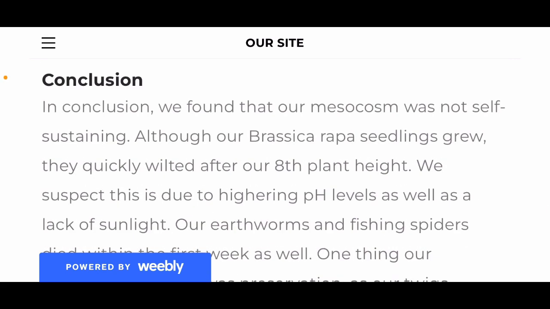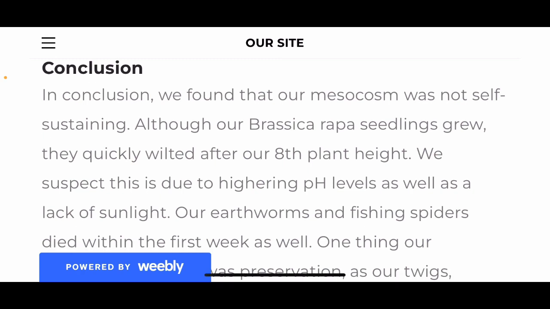In conclusion, we found that our mesocosm was not self-sustainable at all, but we expected this. Our Brassica rapa seedlings did grow, and they were growing pretty well, and they looked healthy up into our 8th plant height, which was about 6 centimeters.